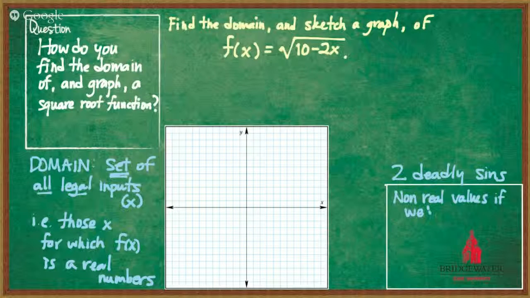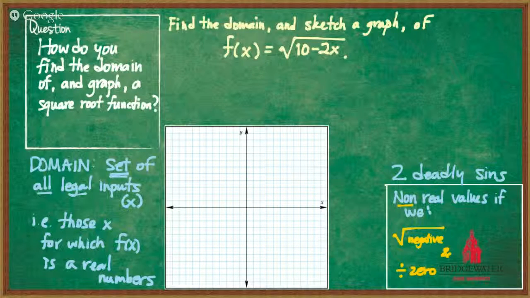So the two things that we want to be on the lookout for are to take the square root, or actually really any even index root, of something which is negative. And then the other thing to look out for is division where the divisor is 0. So those are the two things that we are not permitted to do. We can't take the square root of a negative quantity, and we can't divide by 0.